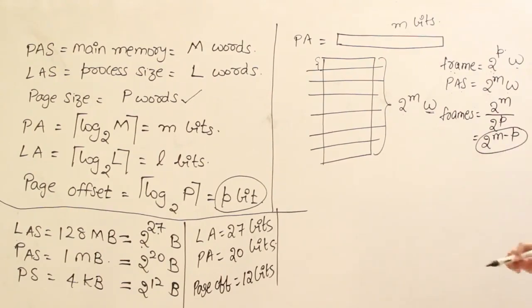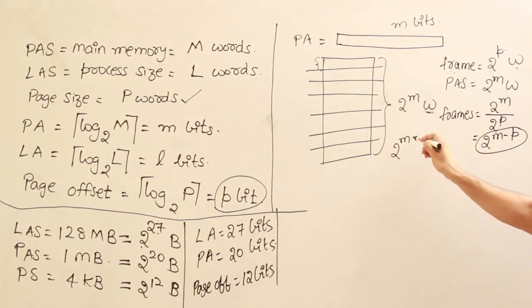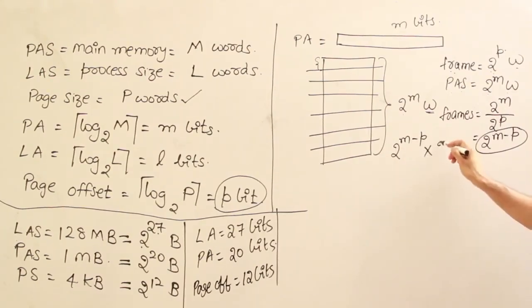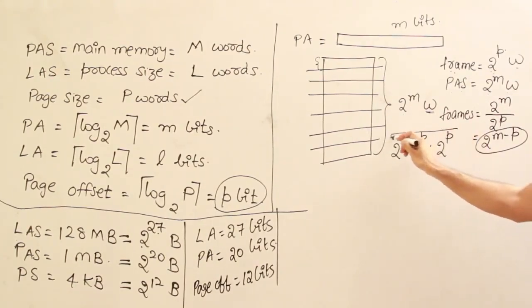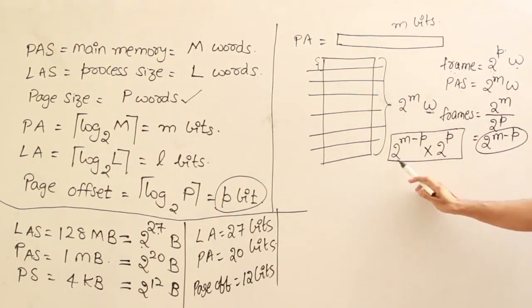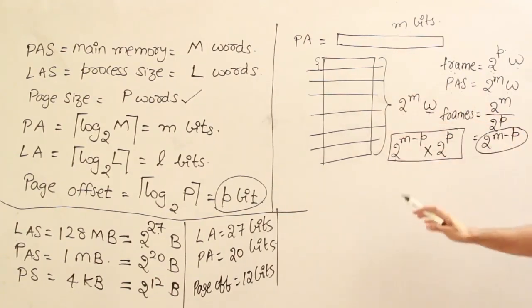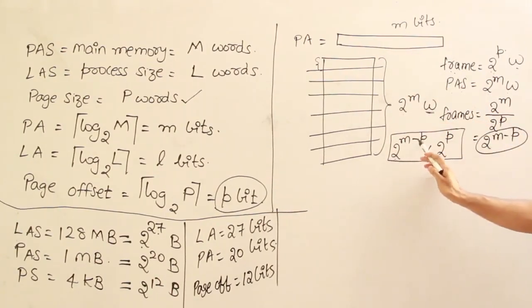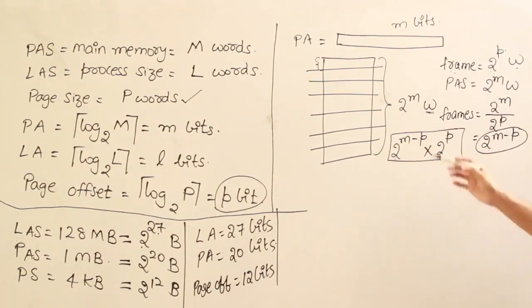Got it? So it is actually divided into 2 power m minus p frames in such a way that each frame is 2 power p words, right? This is the division. Are you understanding this? The total memory is divided into 2 power m minus p pages or frames, and each frame size is 2 power p words.